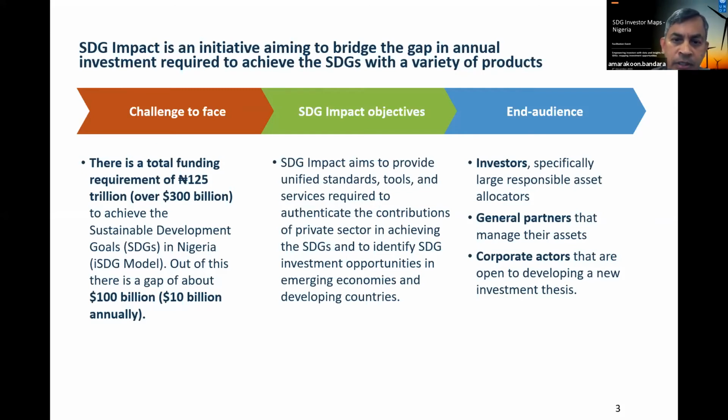Our objective is to bring in private sector partners to this initiative so that we can broker the partnership between the government and the private sector for impactful investment in Nigeria. The audience is most of you, investors in particular, as well as the general partners and co-investors who can use these tools to engage in investment in Nigeria.